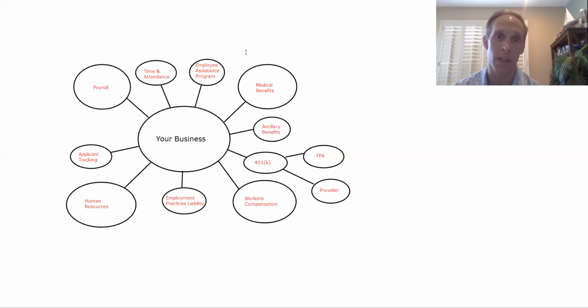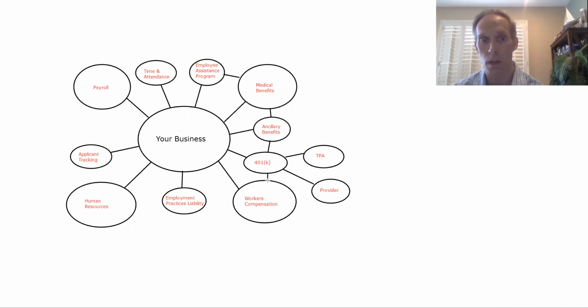A lot of times what this looks like is you have these siloed vendors, and it's kind of a fragmented process. And so what the PEO does is essentially to defragment all these moving parts and people and processes and get them communicating again.